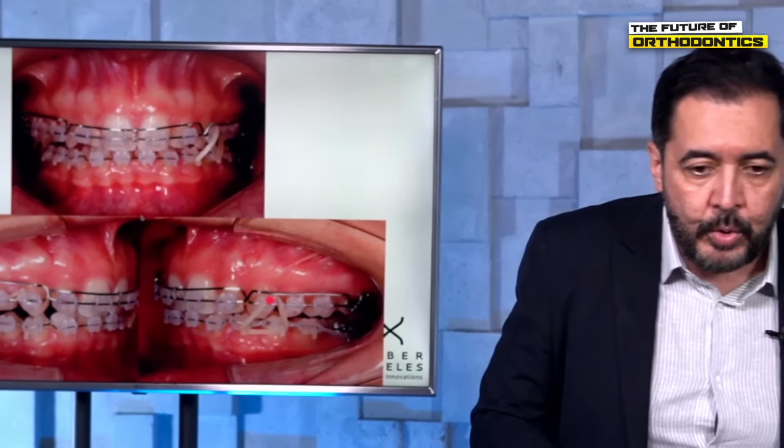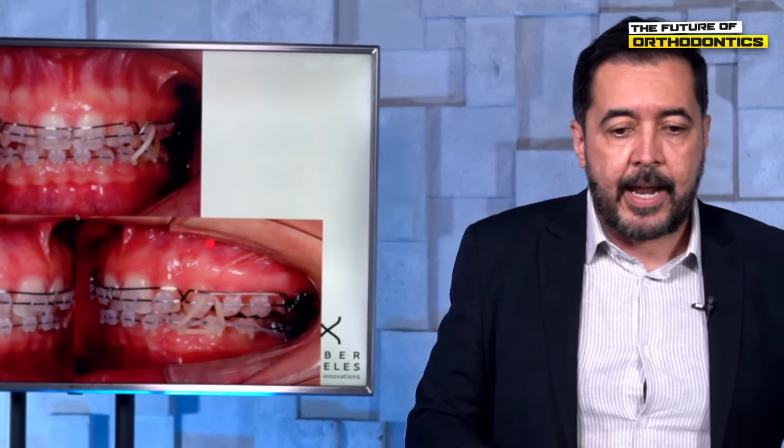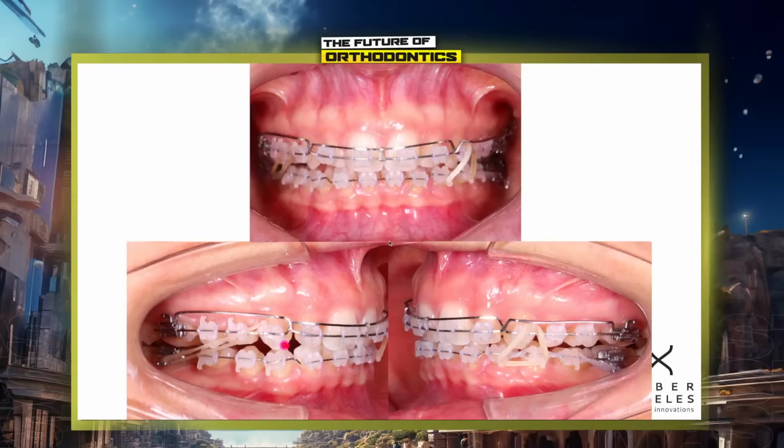I have a class 2 in canines, and the canines in class 2 must go distal, but I don't have space to retract. I don't have clearance here to retract anterior teeth. So what will I do? Will I stop mechanics here and then correct the torque so we can go on with the retraction? No, no, no, we can do everything at the same time.